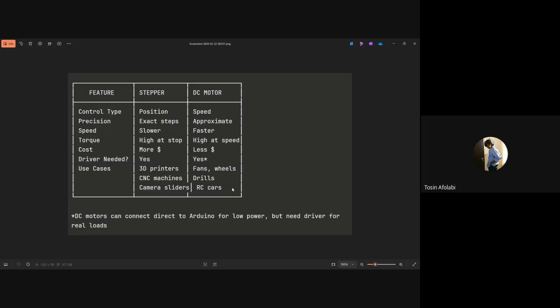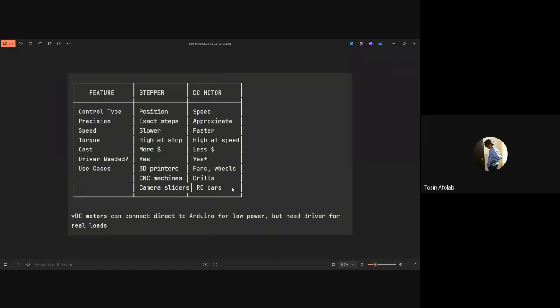DC motors have high torque while spinning because they're constantly spinning rapidly, so there's always vibration and movement. But they have none when stopped because there's no energy conversion, no spinning, no movement.